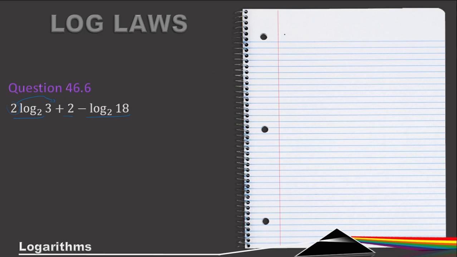So this is going to be log base 2 of 3 squared, minus log base 2 of 18, plus 2. Then this becomes 9. So we have log 9 minus log 18, this is now base 2, plus 2.